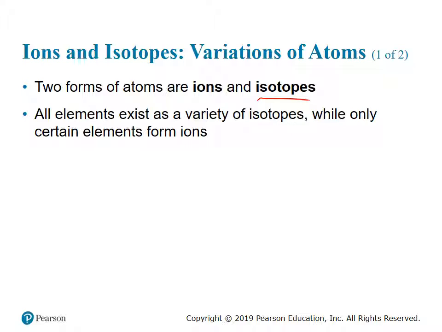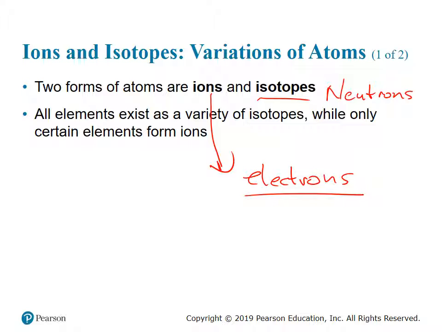Changing the number of neutrons. When you change the number of electrons, you then create a different form of the same element. We would call that ions.